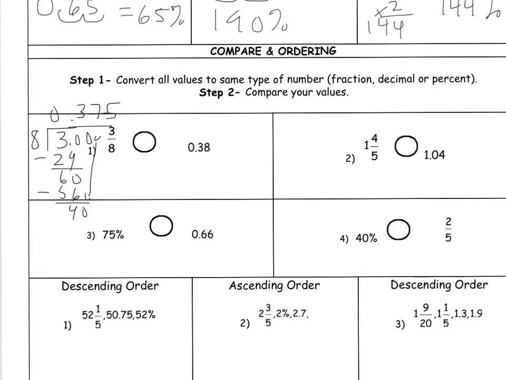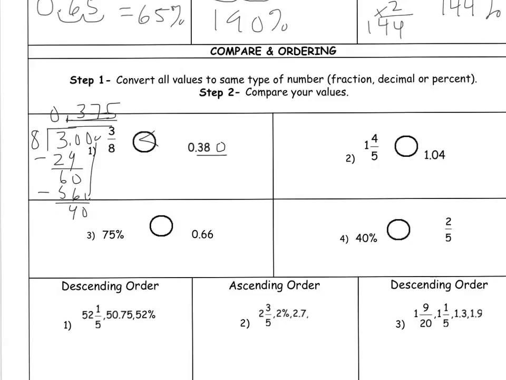So 3/8 is equal to 375 thousandths. And then I compare it to 38 hundredths. Well, since 38 hundredths only has 2 decimal places and 375 thousandths has 3, I'm going to add another decimal place here. So now I have 3 decimal places. Now I can compare. So which one's greater, 375 thousandths or 38 hundredths? Well, the 38 hundredths is greater.